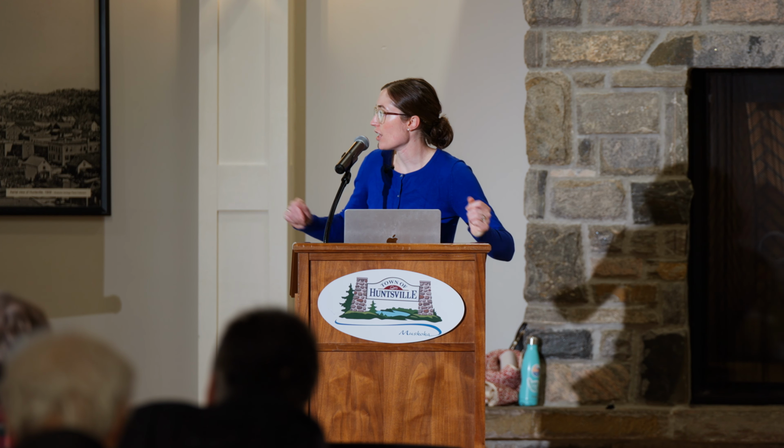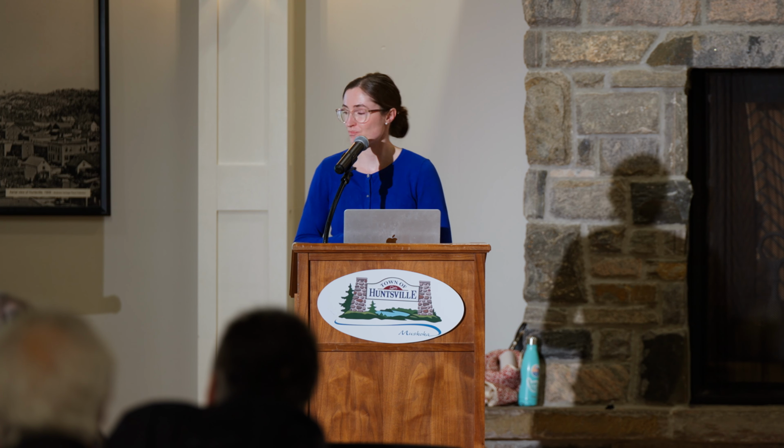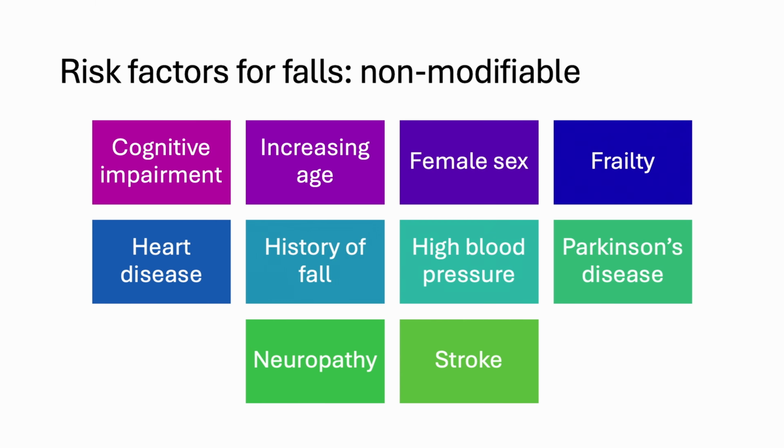Another condition, on the bottom left, is called neuropathy. That's where you have a disease that affects your nerves that may control your feeling in your extremities, your arms and your legs, or you may have decreased strength, which can, as you can imagine, make people a little more at risk of falling. And lastly, stroke. Last week, the whole topic was stroke care in Muskoka.